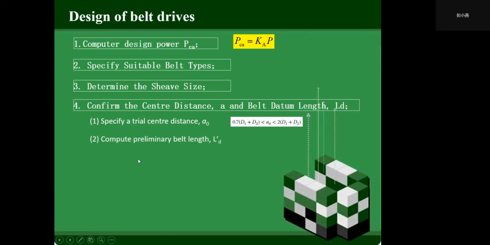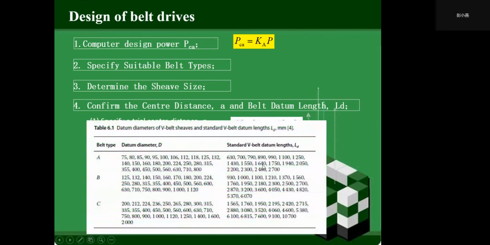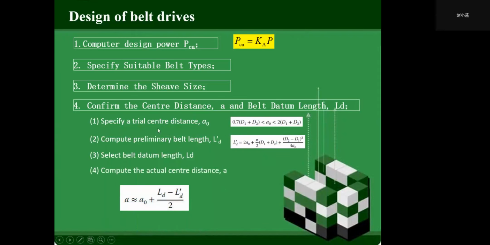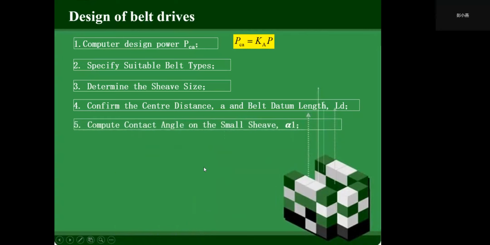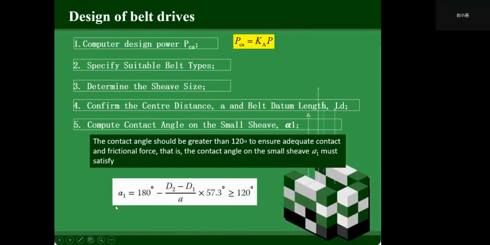And according to alpha 0, we compute the preliminary belt length LD prime, and then select the standard belt length LD, and then modify the center distance A. Use this to obtain the actual center distance A, and then compute the contact angle on the driving pulley alpha 1, which should be larger than 120 degrees.